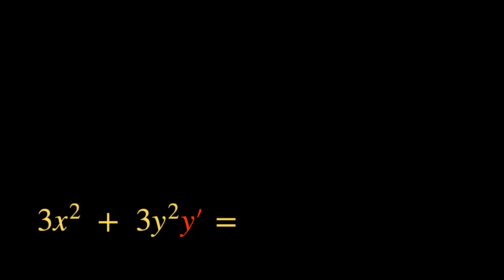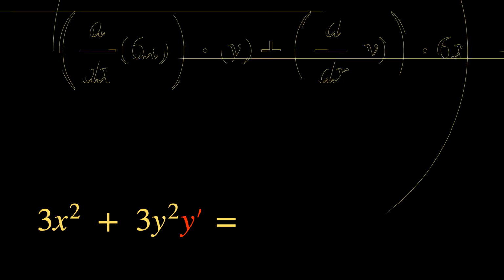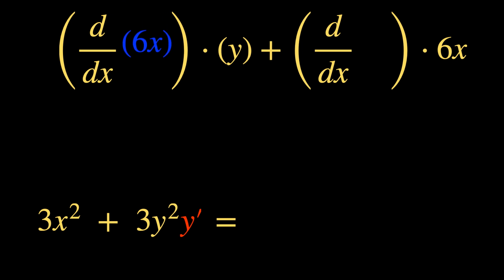In order for us to use the product rule, we need to get the derivative of the first factor, which is 6x, multiplied by its second factor, which is y, plus the derivative of its second factor, which is y, multiplied by its first factor. The derivative of 6x is 6.